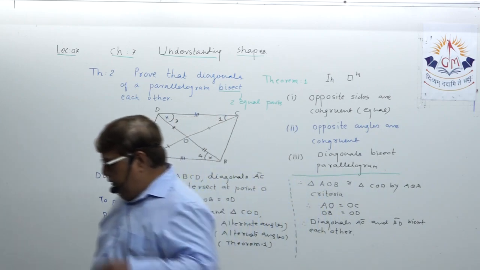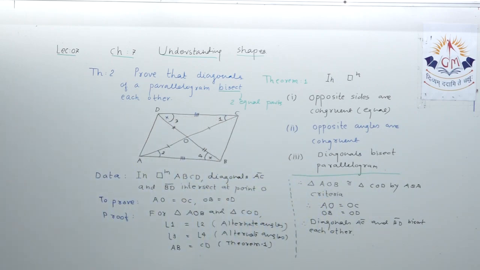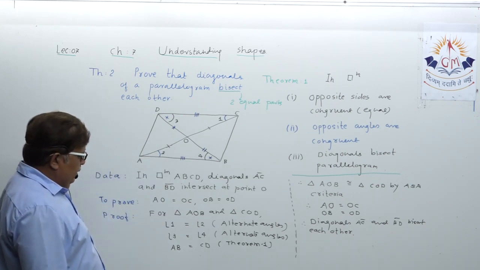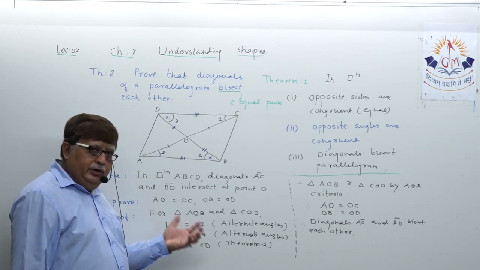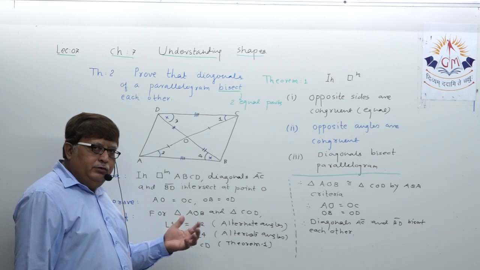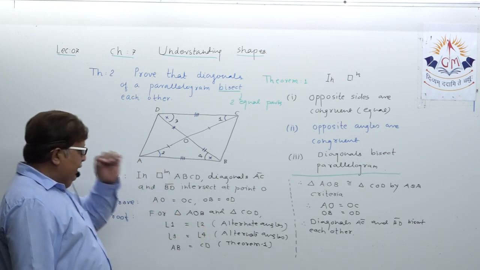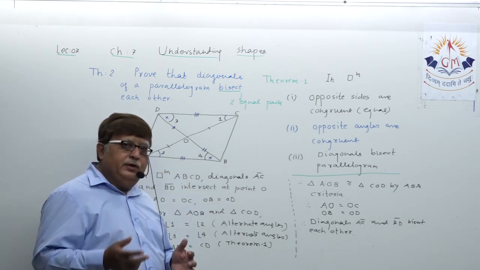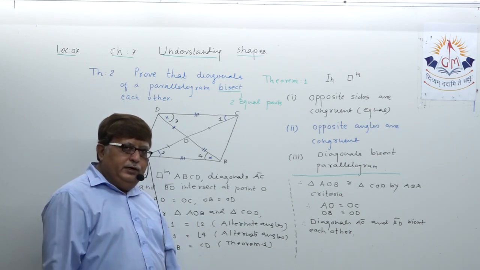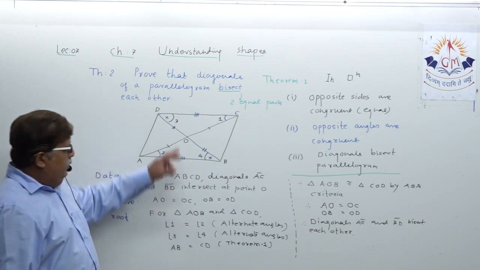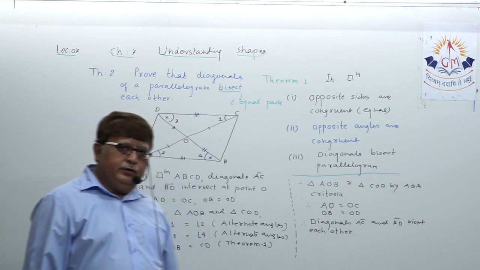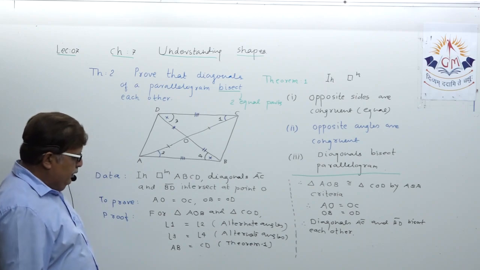In remembering and understanding any theorem of geometry, what counts very important is understanding the statement, understanding really the meaning of the statement in symbolic formation, and then try to conceptualize which postulate can be applicable to prove the given two triangles congruent. That is what you have to understand.